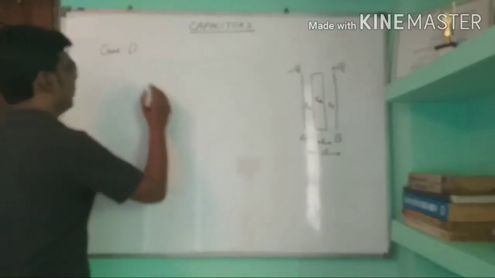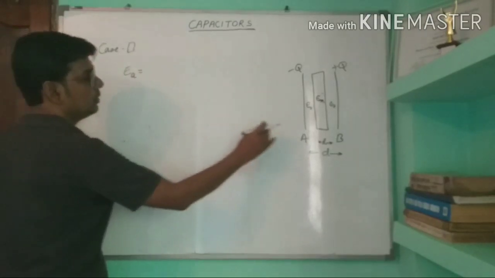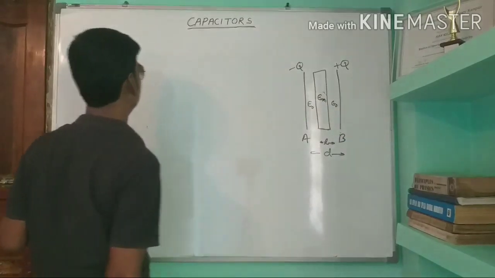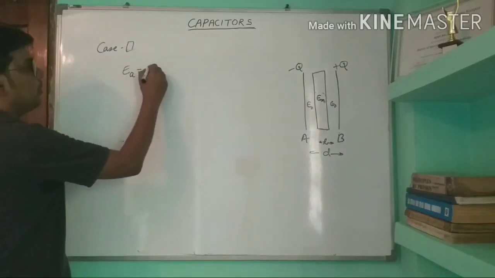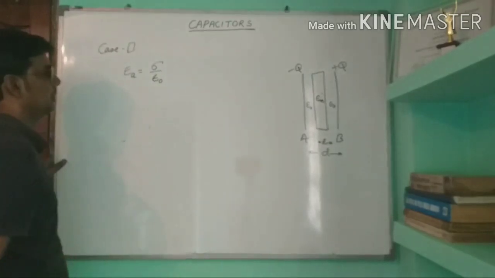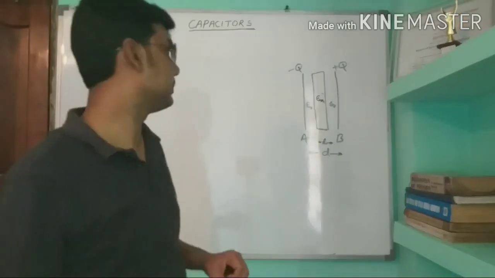Now, first of all, what will be the electric field intensity due to these two plates in free space? So E A will be equal to sigma by epsilon 0, where sigma is the charge per unit area.